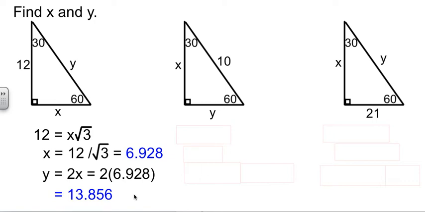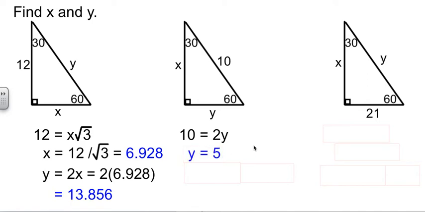Okay. Let's try our second one here. In this case, they gave me the hypotenuse. Remember, everything hinges off the length of the short leg, so let's find the short leg. The hypotenuse is twice the short leg. So 10 equals 2y.